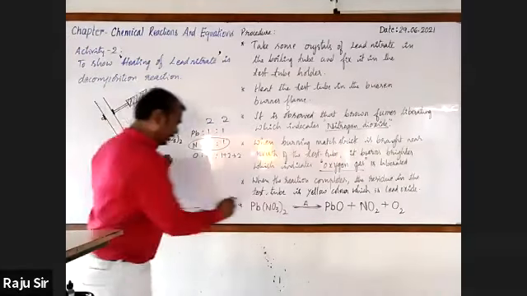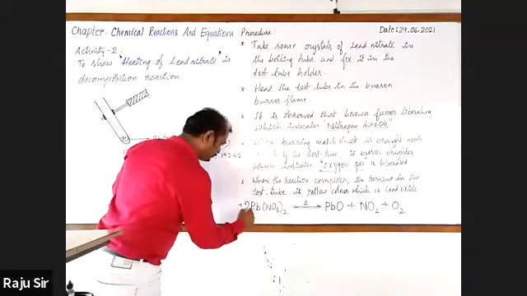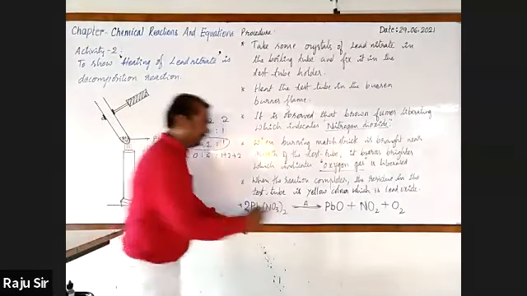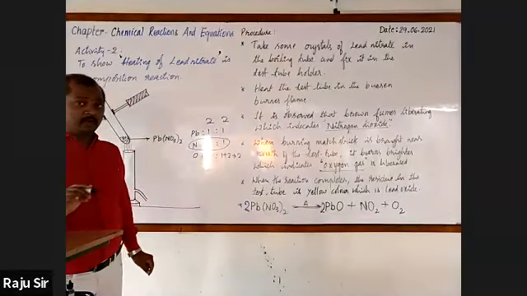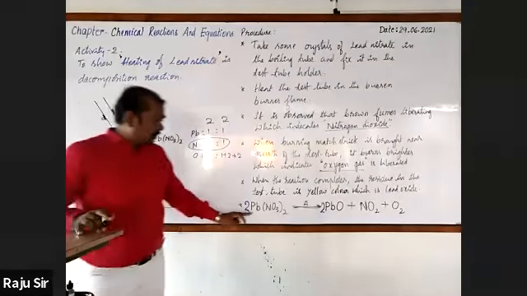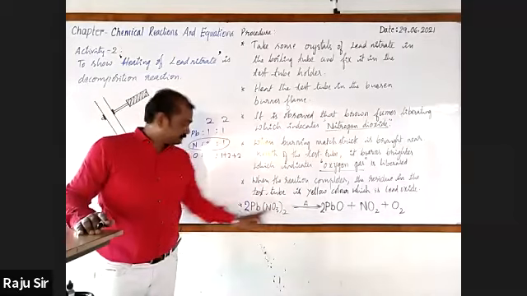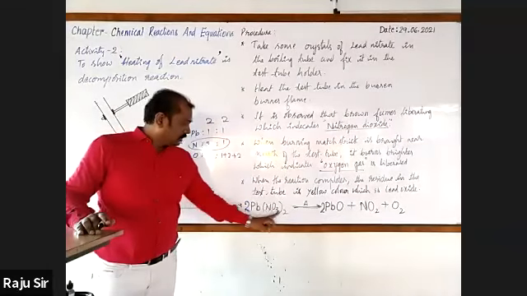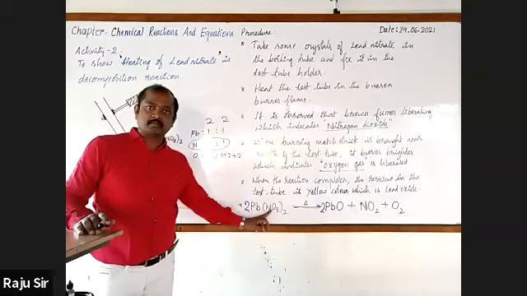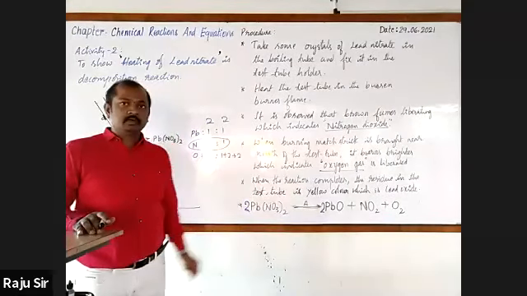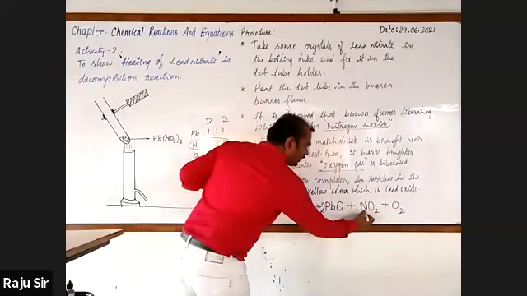Just observe. 2 atoms of lead here, 2 atoms of lead here. Now observe how many atoms of nitrogen. 2 twos are 4, 4 ones are 4. 4 atoms and 4 atoms, here already 1 atom is there.